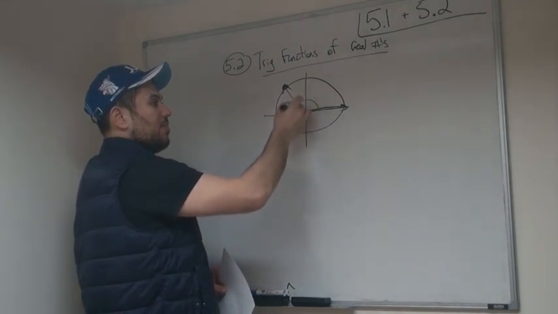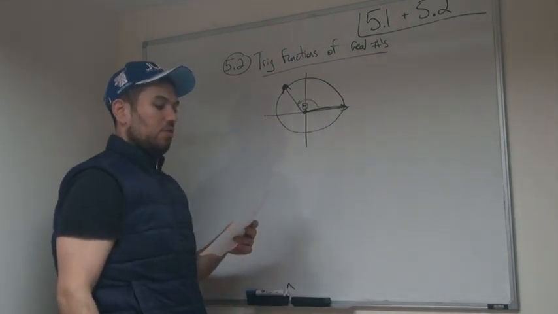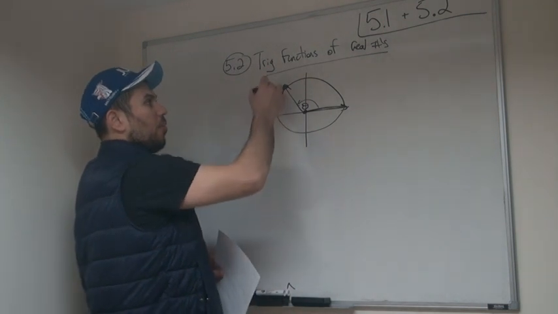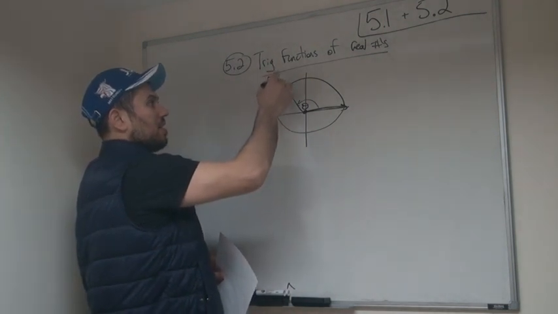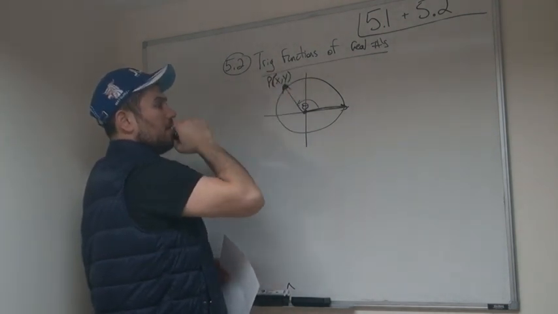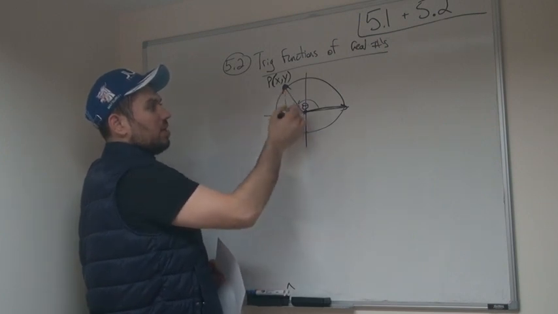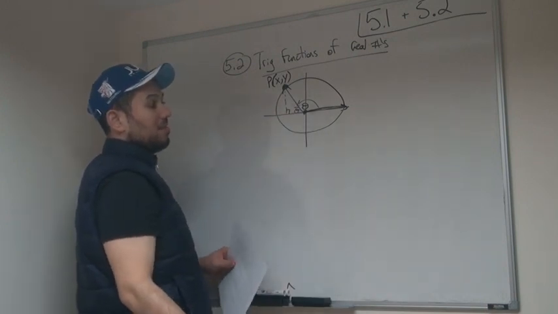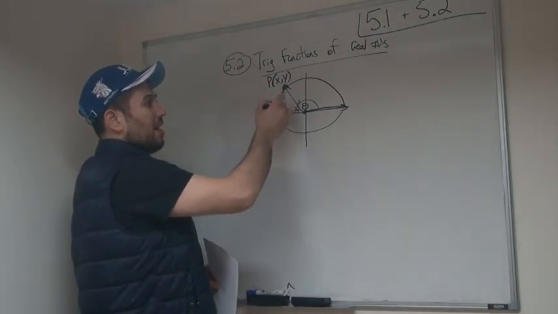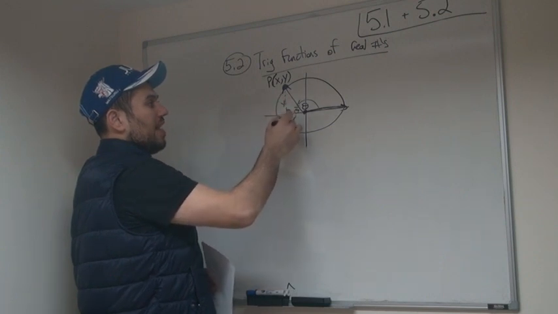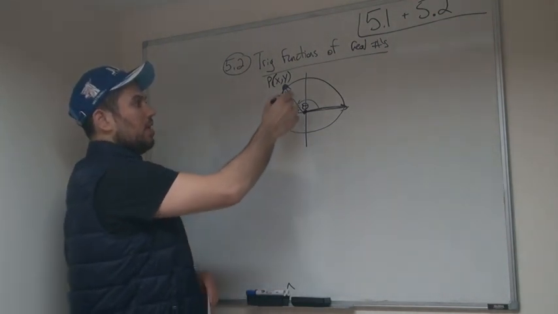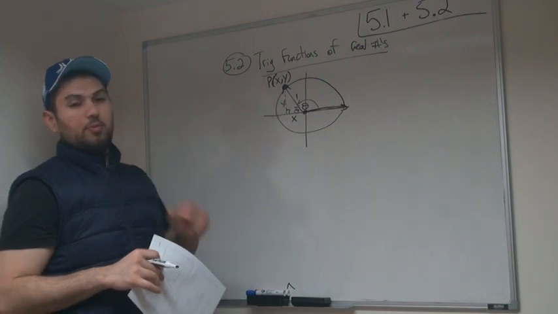This would technically be angle theta, but it is not an acute angle. We have a point P of x comma y. And if I were to draw a right triangle here and call this a reference triangle, for instance, the y value of the triangle and the x value of the triangle would clue me in as to values on the terminal point.